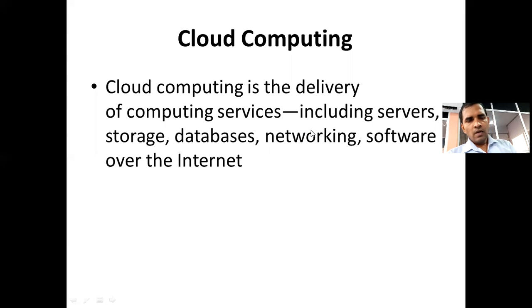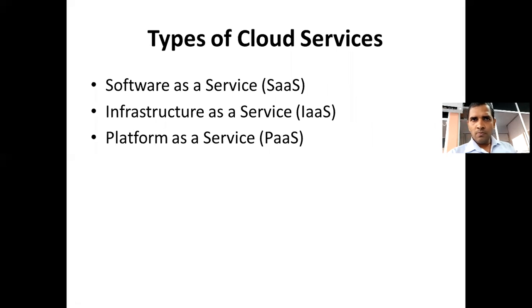Before that, cloud computing generally provides 3 types of services. You can get 3 different types of services from a cloud computer. But now, as an introduction, I took all these 3 services together. I didn't separate them. The first type of service is called SaaS, software as a service, which I will explain.